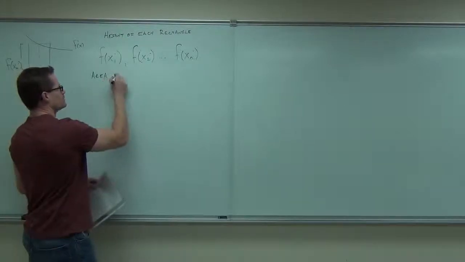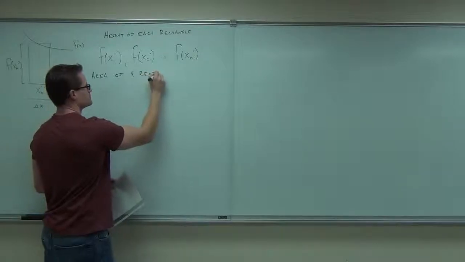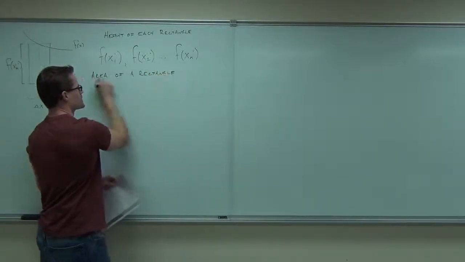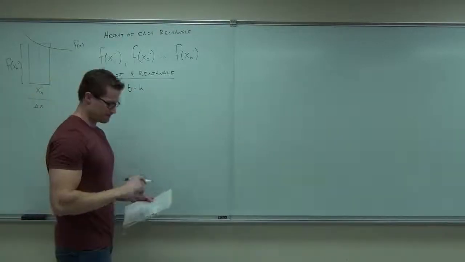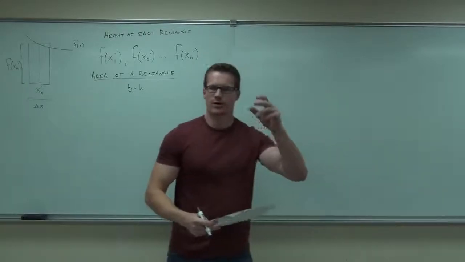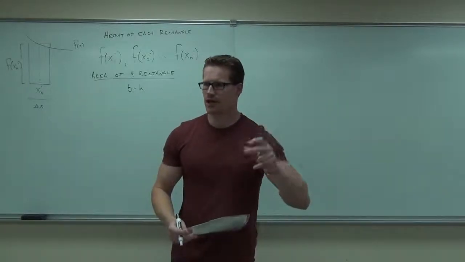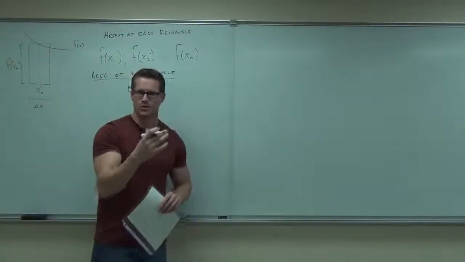Area of a rectangle. You said this like 3 times now, but the area of a rectangle is base times height. Well, for each rectangle then, let's look at the base times the height. Would you agree the base is delta x for every single one of these rectangles?